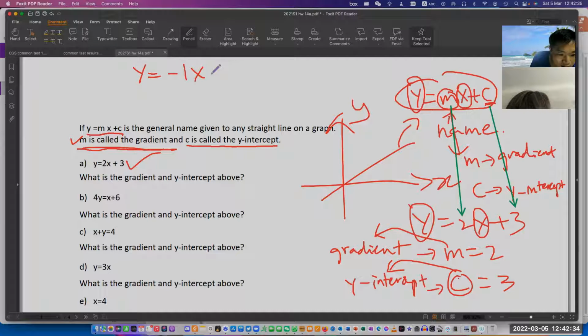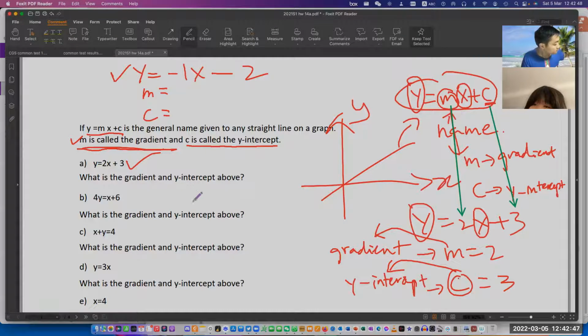If you are given another question, let's say I give you y equals to minus 1x minus 2, what is the m in this case? What is the c in this case? Can you do it?